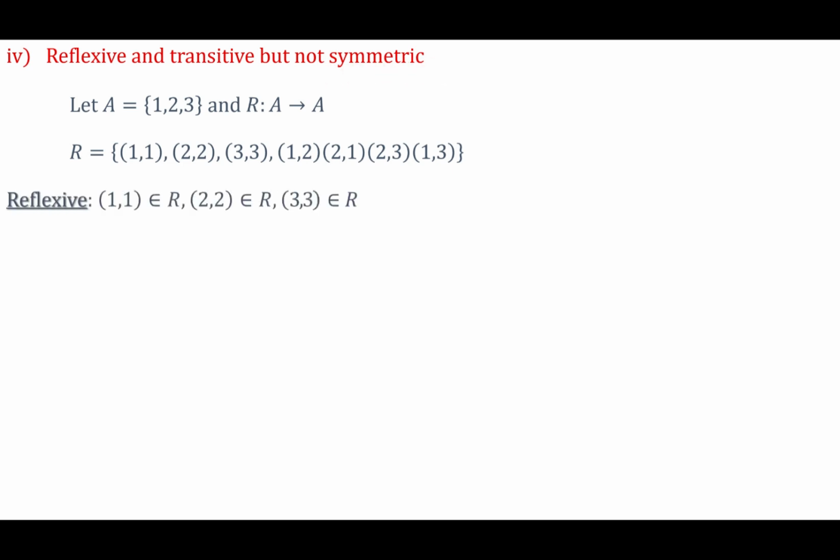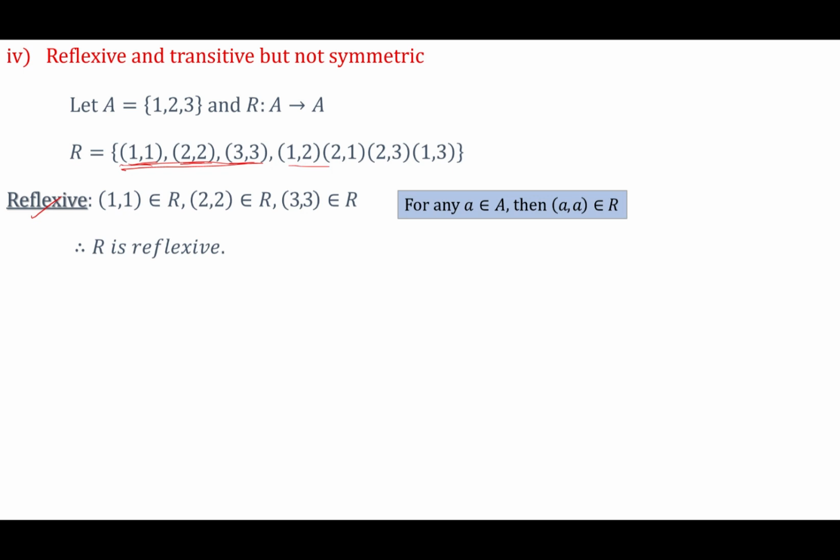Start with reflexive. If all ordered pairs with identical elements are in the relation, then it is a reflexive relation. For any a belongs to A, (a, a) belongs to R. So the given relation is reflexive. This part is obligatory, guys. The rest is optional for reflexive.